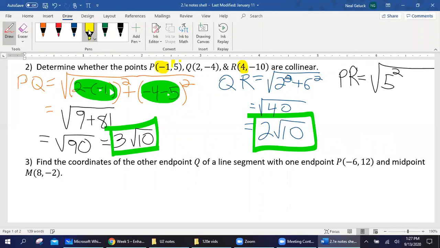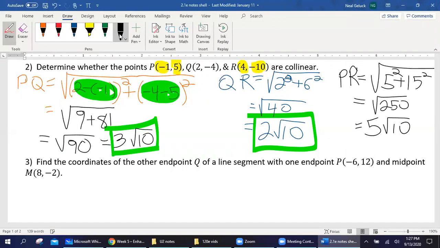From 5 all the way down to -10, that's a distance of 15. So you'd have 25 plus 225, which is the square root of 250. Which, if you factor tree and simplify it down, is 5 root 10.